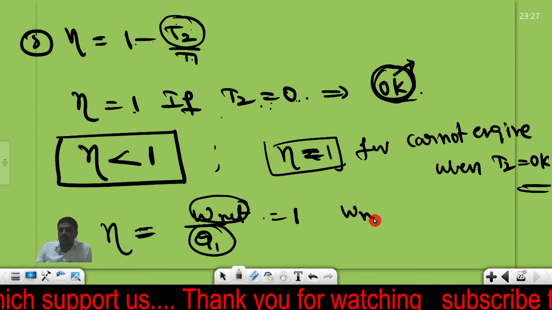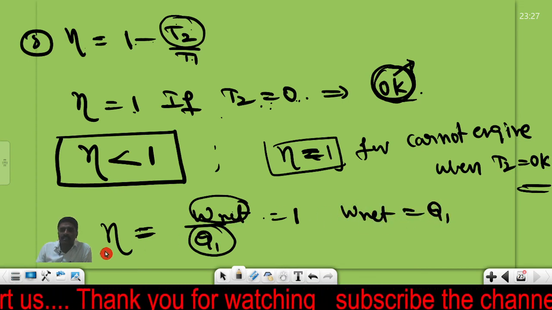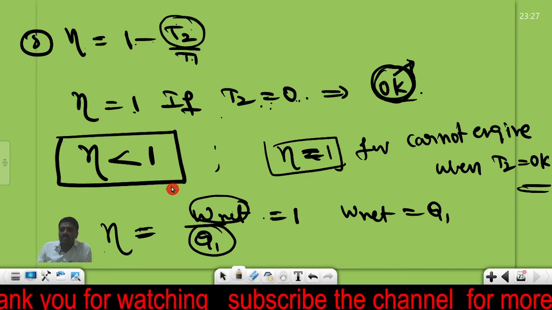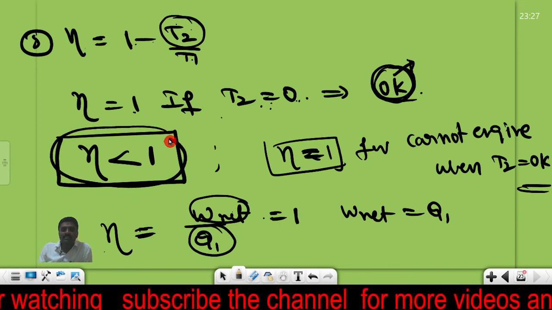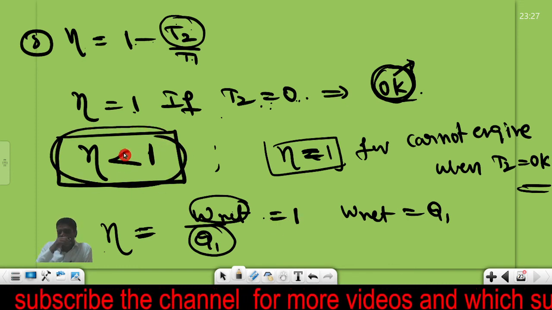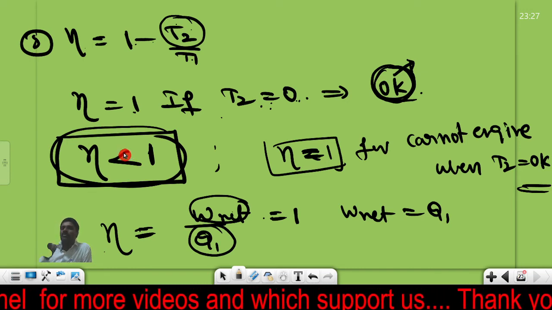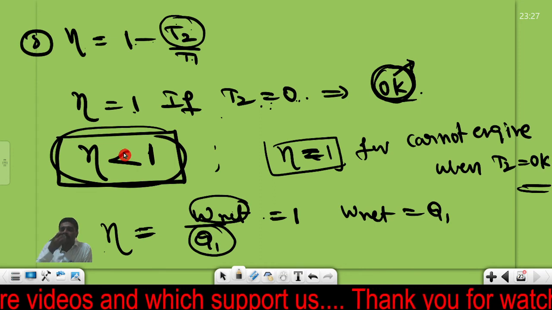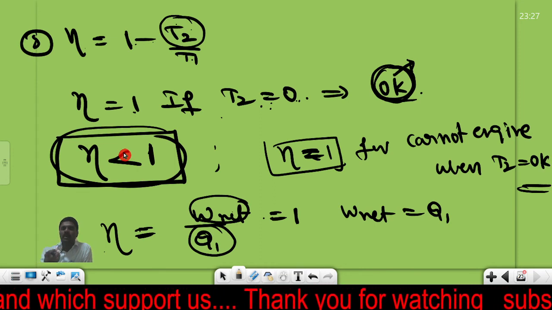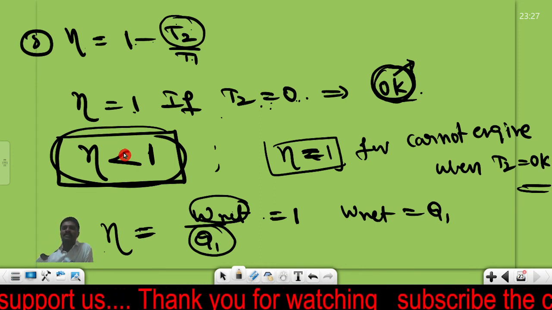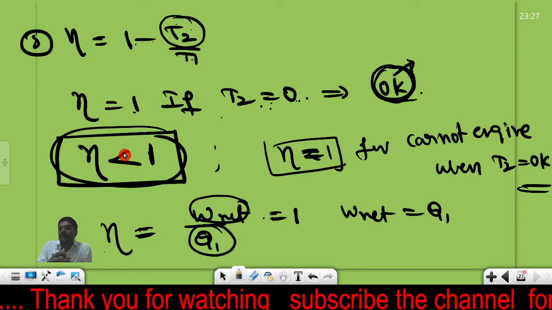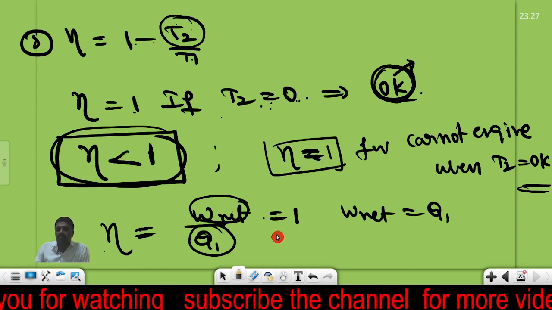That means if W net is equal to Q1, then eta is equal to 1. All practical heat engines get an eta value lesser than 1. What does that mean? It means that in any heat engine, it is impossible to convert all the supplied heat energy into work. That is very important.